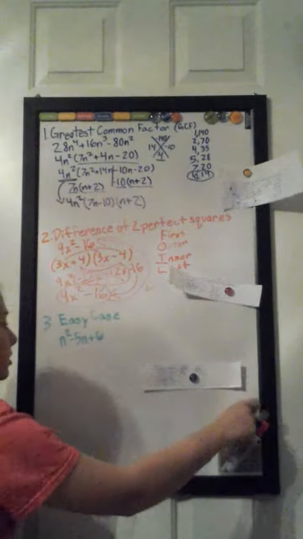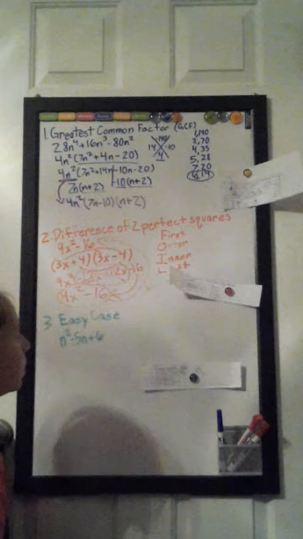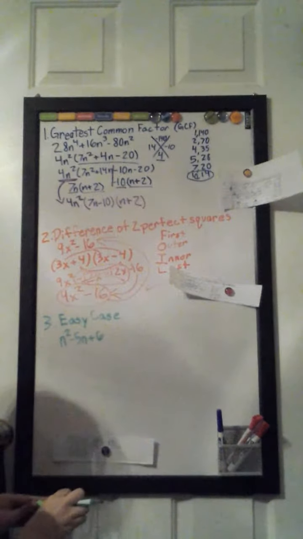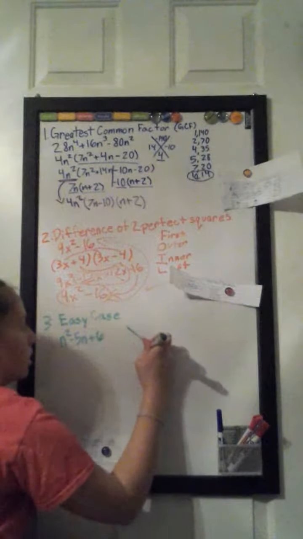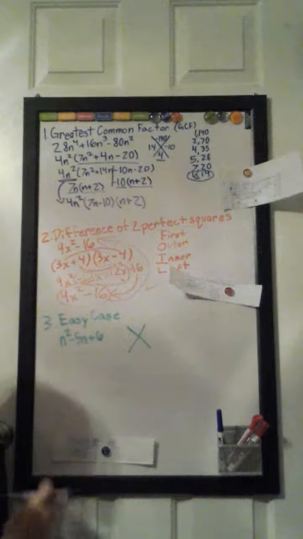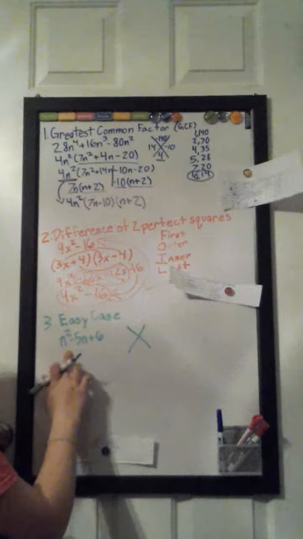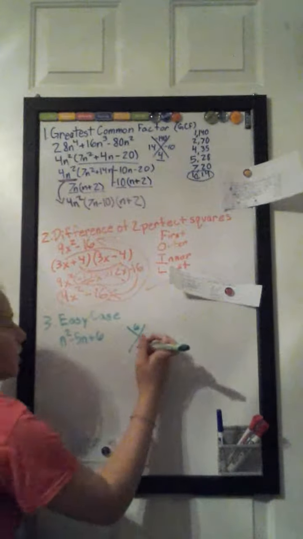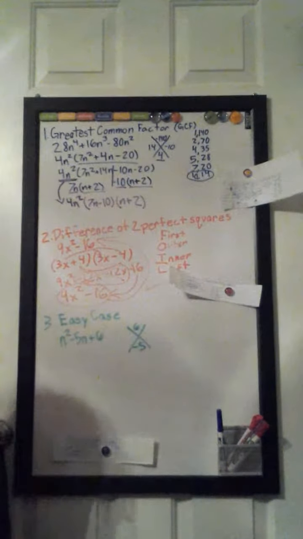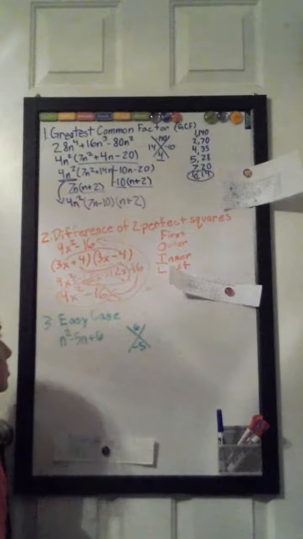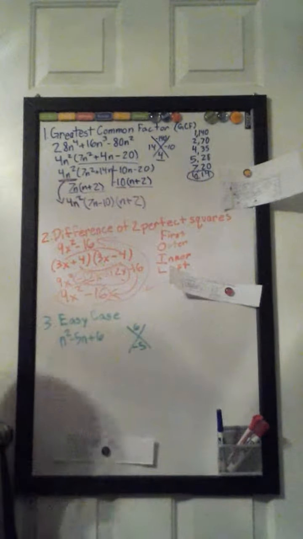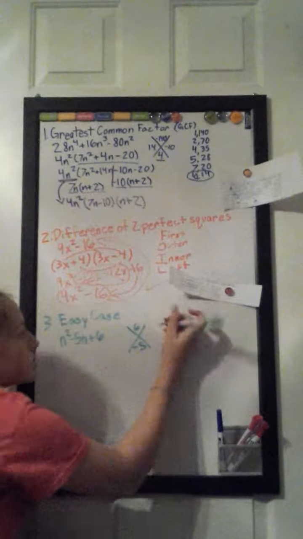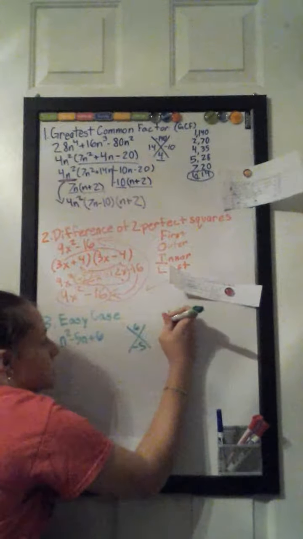The last problem I'm going to do is an easy case. First, what you do is the diamond method. So 6 times 1 gives you positive 6, and then you bring the negative 5 down here. Then you find the numbers that multiply to get 6: 1 and 6, and 2 and 3.